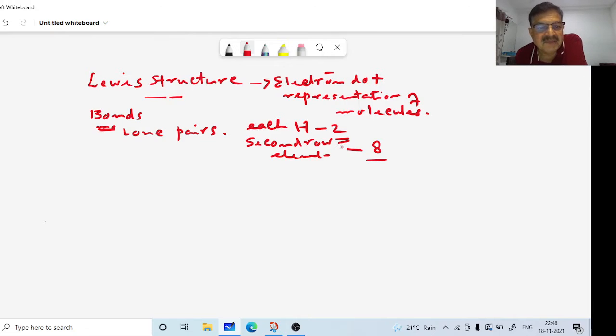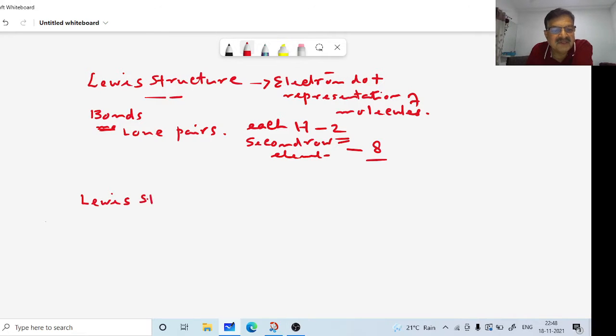It is needed to determine many of the properties of a molecule. These things are preliminary to understanding the properties of a molecule. So what are the properties we are going to discuss?